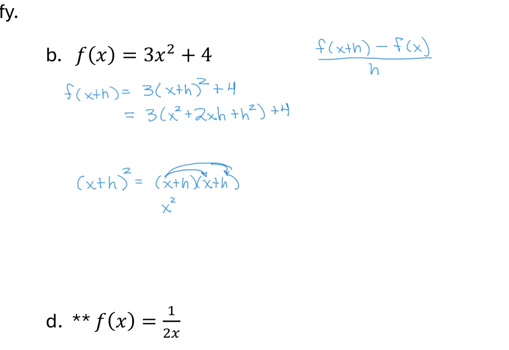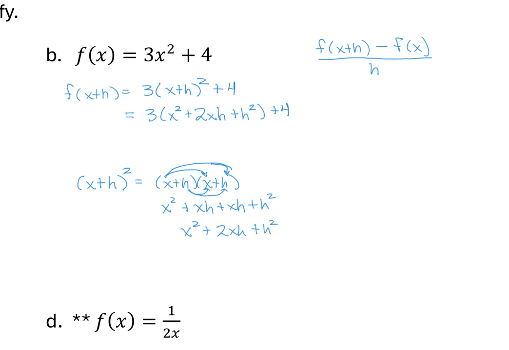So if we FOIL this, we get xh for our outsides. We get hx or xh for our insides. And we get h squared for our lasts. So this does simplify down to x squared plus 2xh plus h squared.